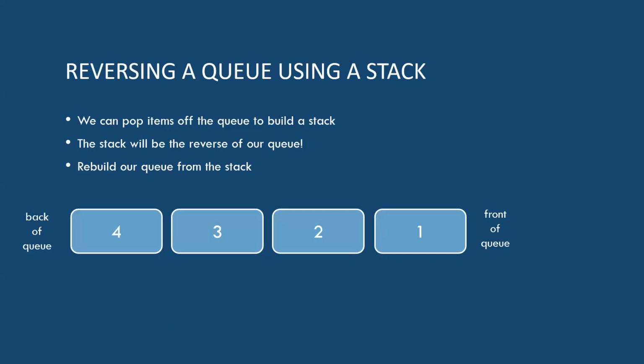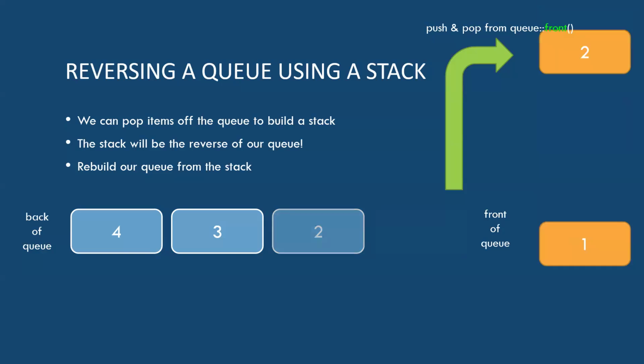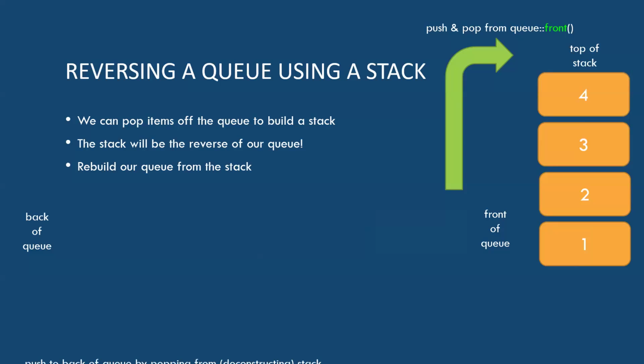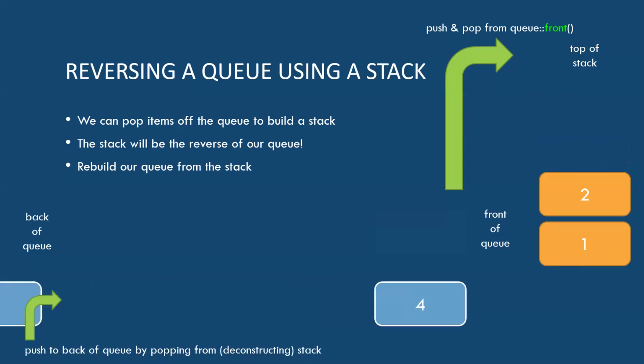Now, the really useful thing, and you do see this in algorithms a lot, and we did see this, although it probably went over some of our heads at the time, in Comp 220. We want to reverse a queue. So the way we do that is we pop out of the queue front into a stack, and we re-push it into the queue, right?